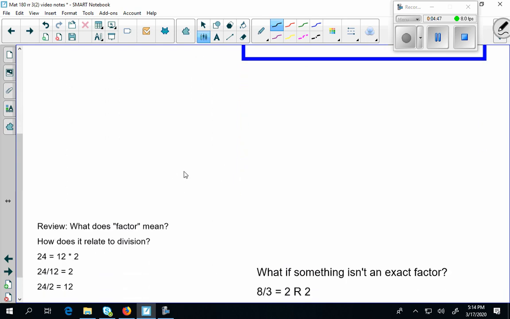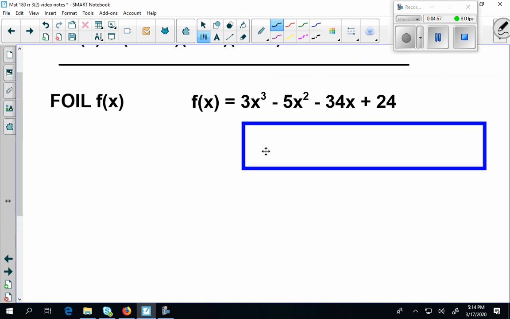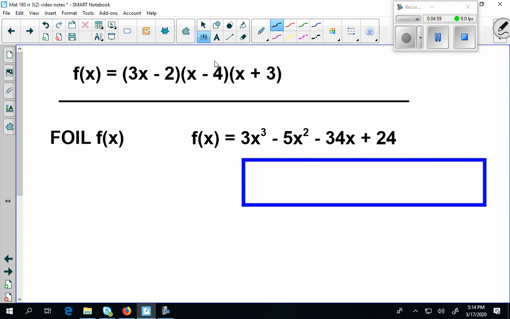Before we talk about how to divide these, what does factor mean? You've taken this function and broken it into factors. If you were to FOIL it all out, this is what you'd end up with. It's the exact same thing, just written as a series of factors.